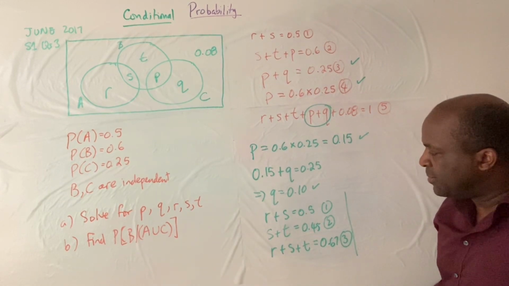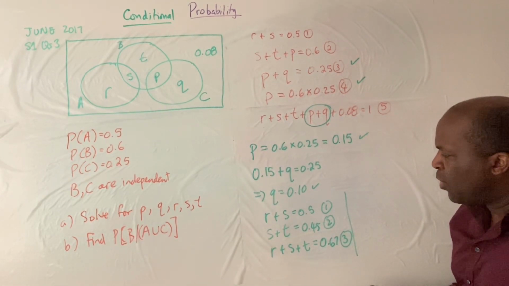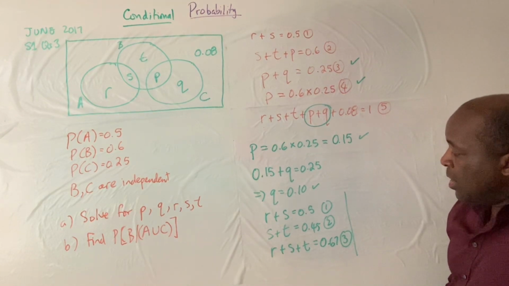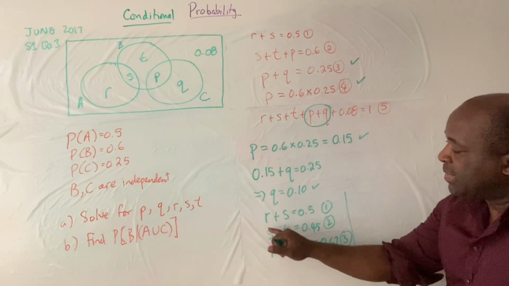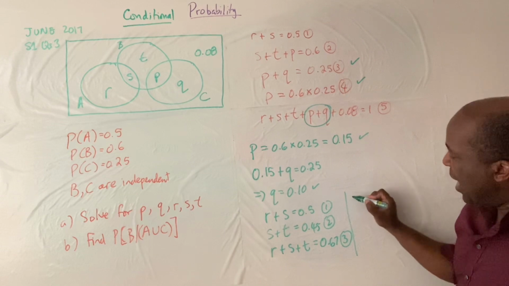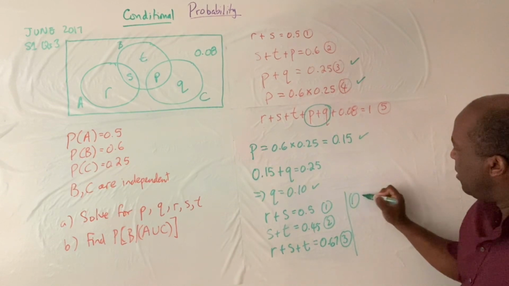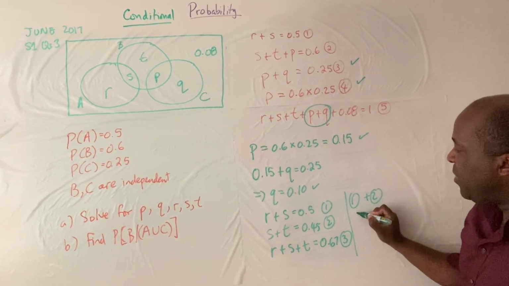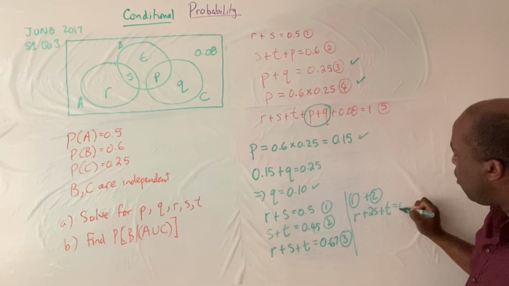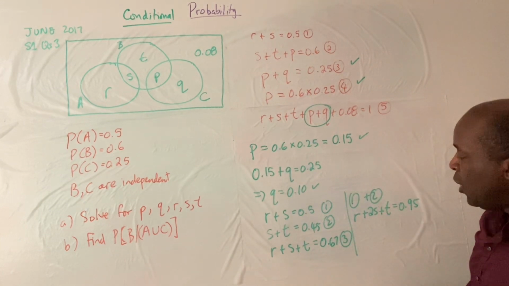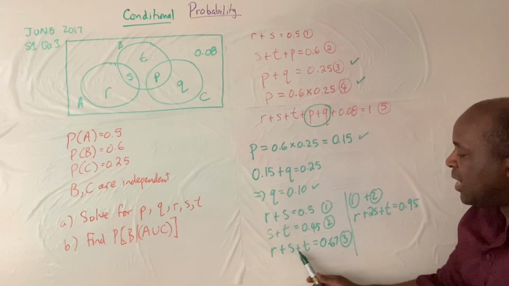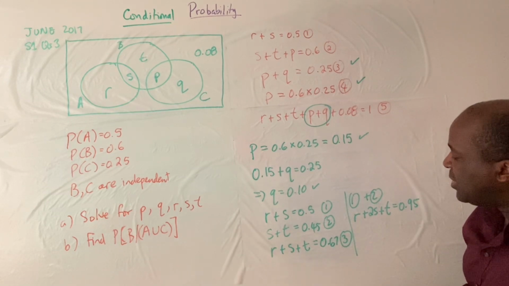I'm going to use that in order to now solve for R, S, and T. So one way now is that we could add equation 1 and equation 2. So if we add 1 and 2, so 1 plus 2 will give me R plus 2S plus T equal 0.95. Now compare R plus 2S plus T with R plus S plus T equal 0.67.